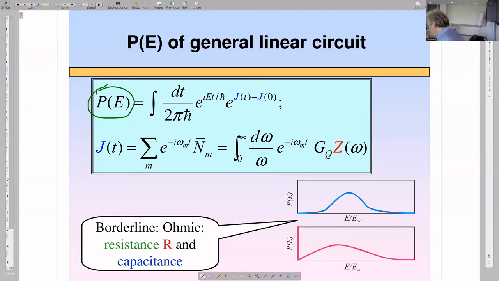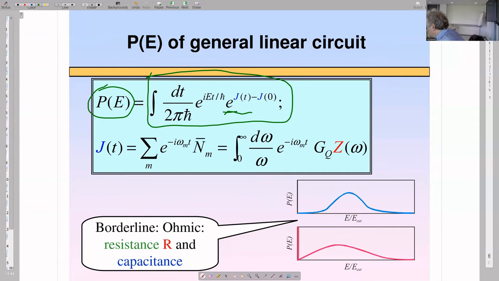It depends on energy, but it's better seen as a Fourier transform with respect to energy of some function which depends on time.